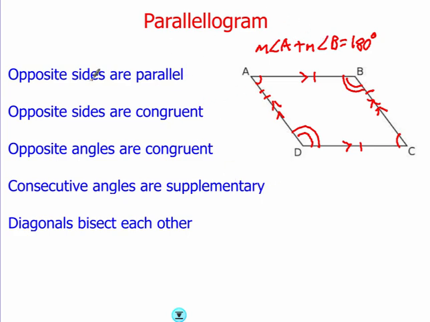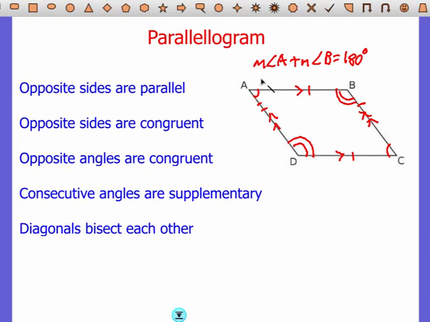And the other thing that's true is that the diagonals bisect each other. The diagonals are simply lines that connect opposite vertices. So AC is a diagonal, and so is BD.